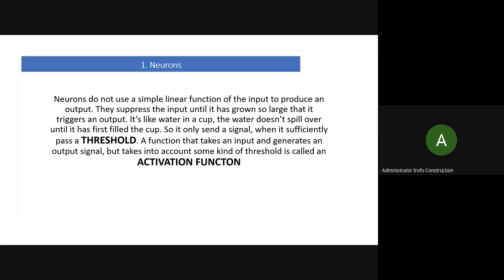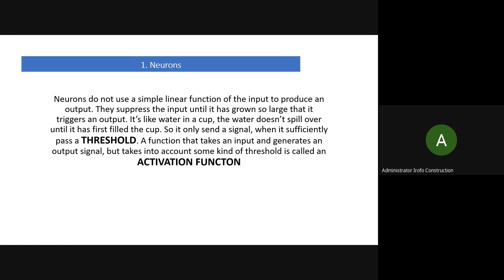If they pass the threshold, that's when they'll be able to pass the signal to other neurons. And for our case, that threshold is what we handle with an activation function. So an activation function is a function we use to determine if a signal has passed a threshold or has not passed a threshold.